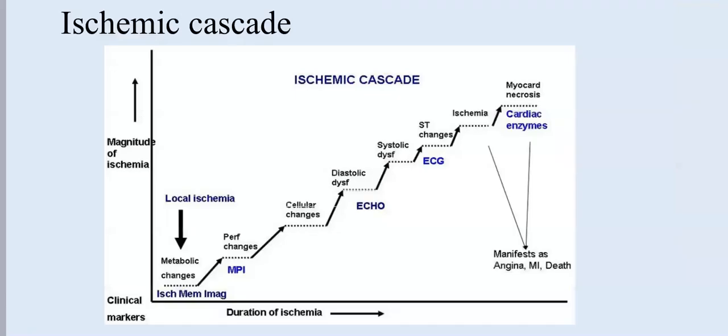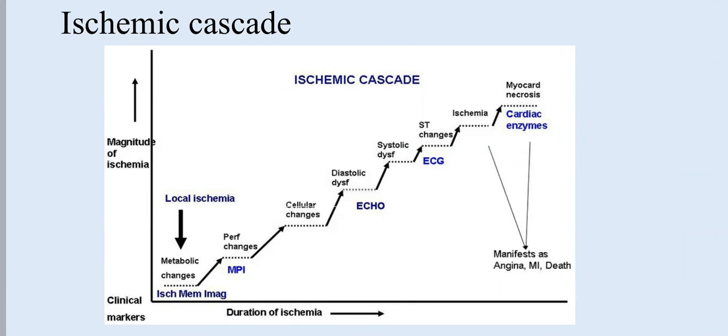You are probably all familiar with the terminology of the ischemic cascade. The ischemic cascade, by the way, is an important sequence of events that are induced by ischemia. So it is the entire cascade of manifestations and the timeline of that cascade.